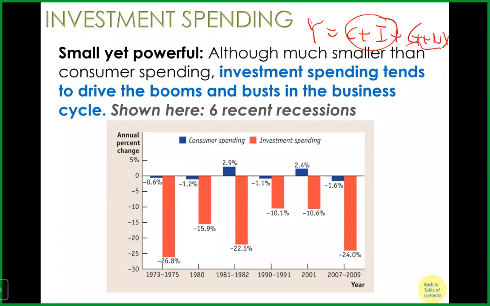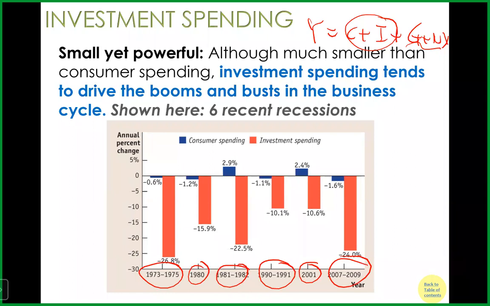Even though it is smaller, that doesn't mean it's not important. It is important because I is going to fluctuate quite a lot when the economy goes up and down. This is shown by this graph. Here we look at 1, 2, 3, 4, 5, and 6 episodes.